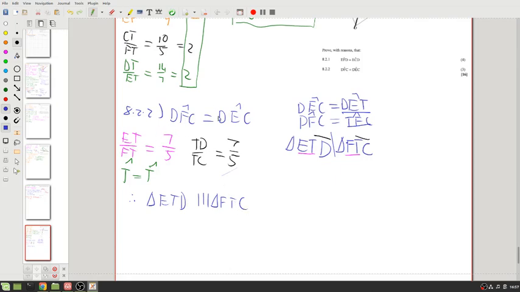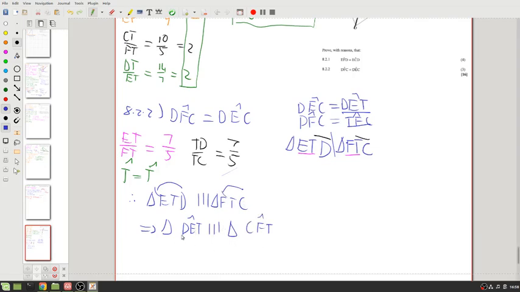So we wanted angle F and angle E, so we can say that implies that angle E, let's maybe just switch this up a bit because we need the E and the F. So we can switch the order of the triangles, so we have the E in the middle. So let's just move this one to the front. So we've got DET is similar to triangle, and then move this one to the front as well, CFT.